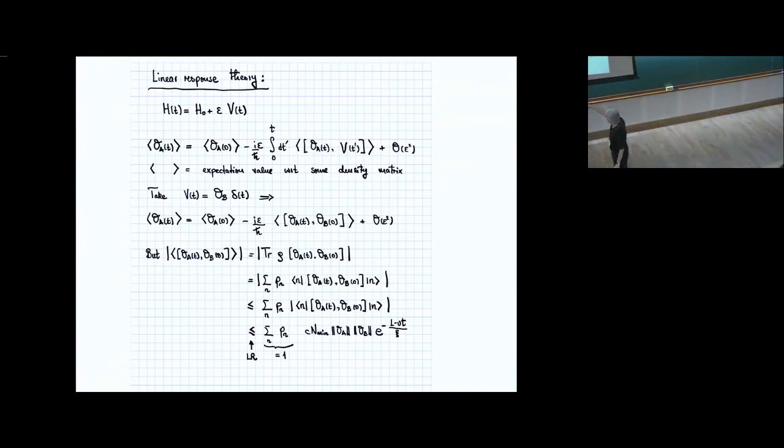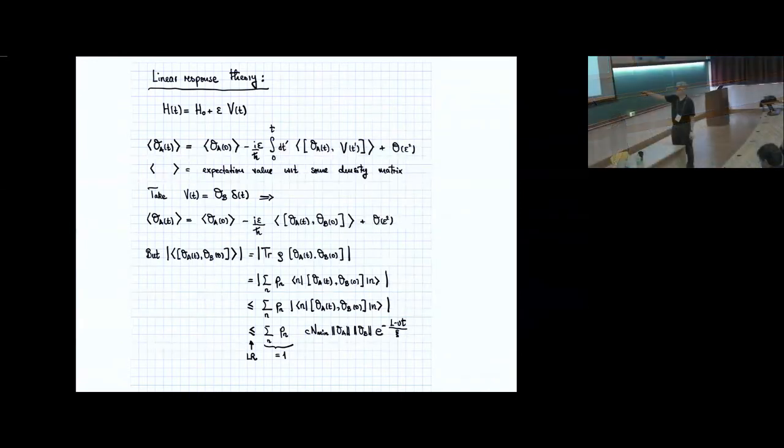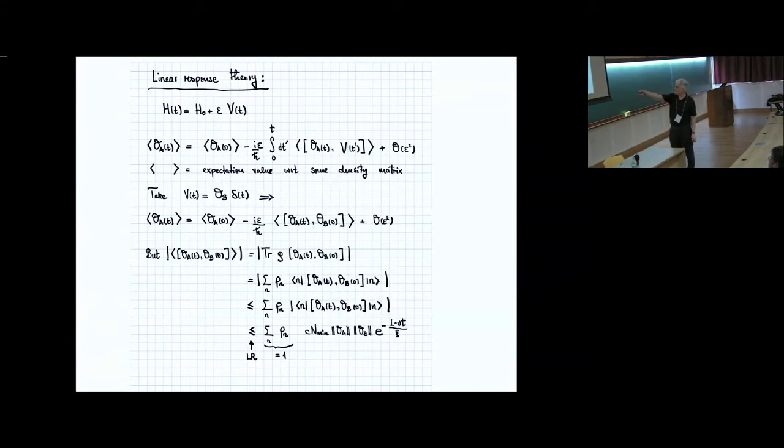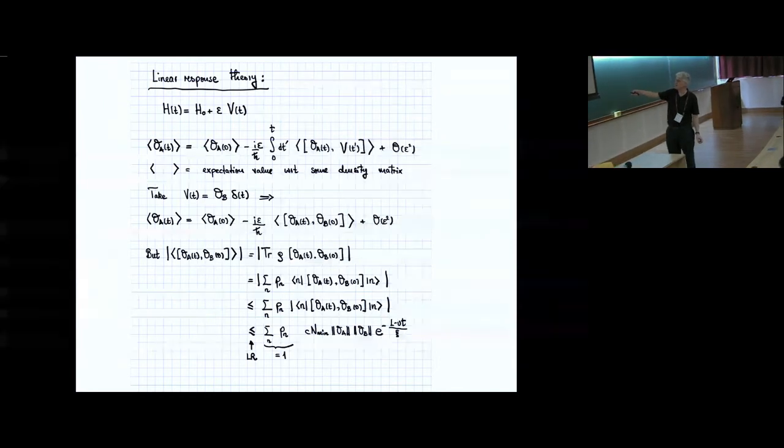So just plug this in here, and you get this expression. Then a simple inequality: the absolute value of a sum is less than the sum of the absolute values. So I get this expression here. Then I can use Lieb-Robinson to bound this object by the Lieb-Robinson bound, and the n dependence drops out, and the probabilities add up to 1.